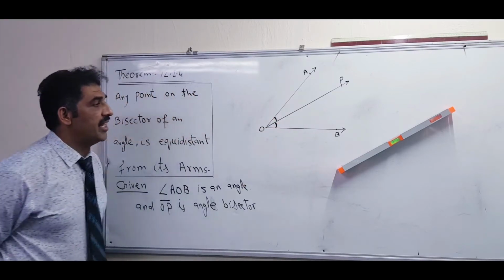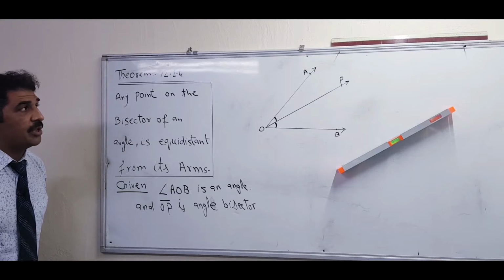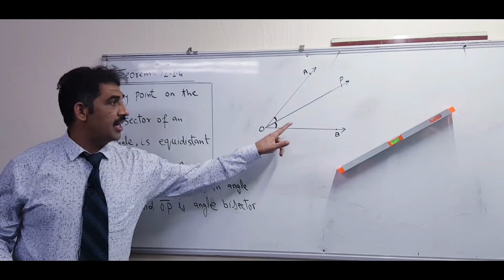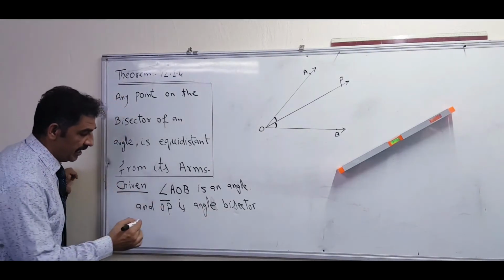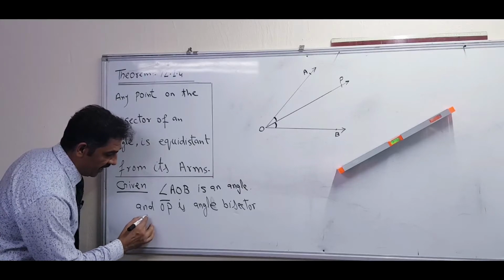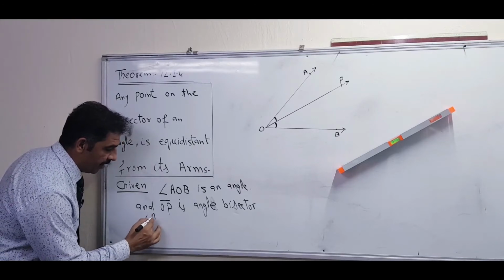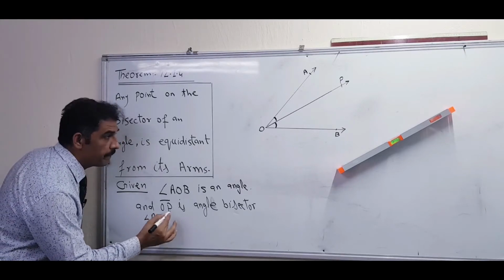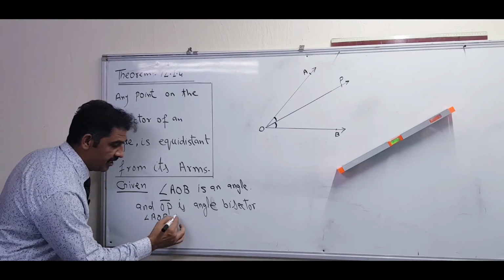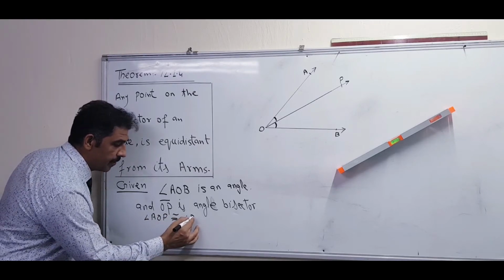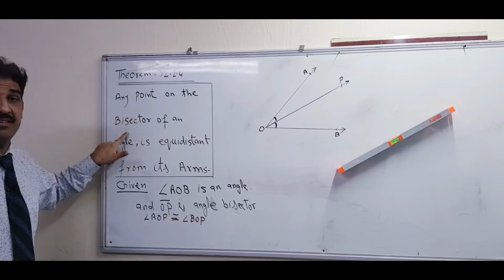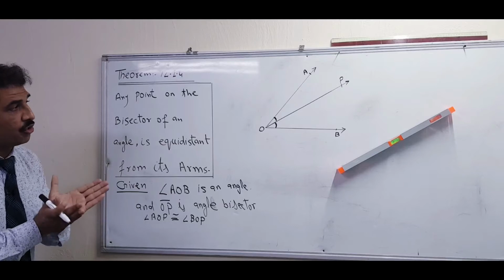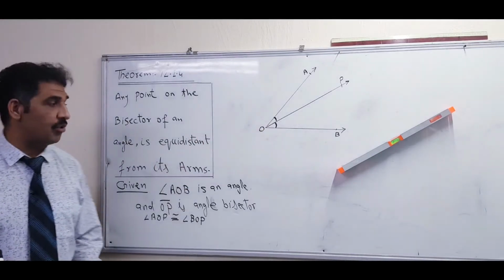The measurement of the angle is the same. So we can say that angle AOP is congruent to angle POB, or BOP, that due to the given statement we can write that angle AOP is congruent to angle BOP. Because bisect, what is the meaning of bisect? Divide into two equal parts.